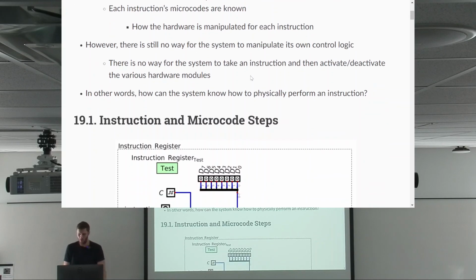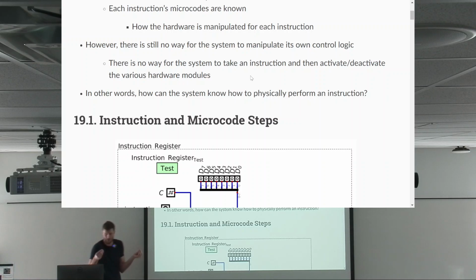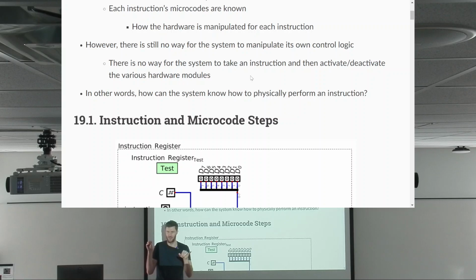So we still need a way for the system to know how to physically perform an instruction. When I say physically, I know it's in a simulator, but think of the physical connection. We need to connect those dots. We need to connect the instructions somehow to the control signals that physically activate and deactivate portions of the system. We could have built this. This is a simulator.